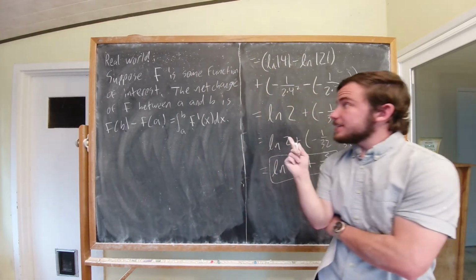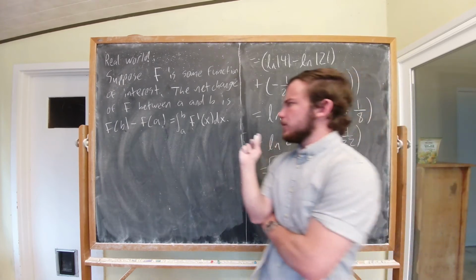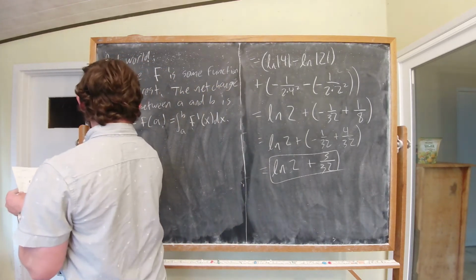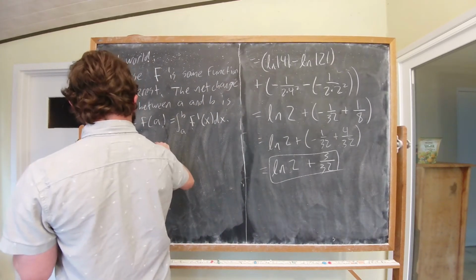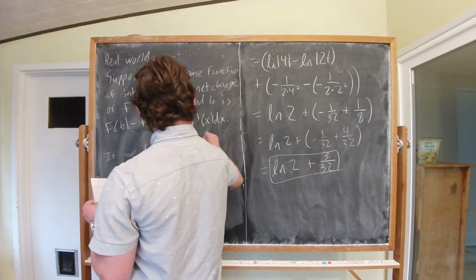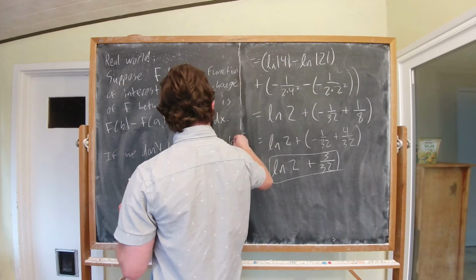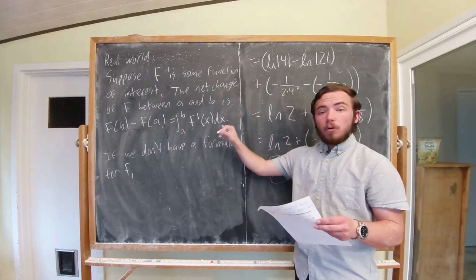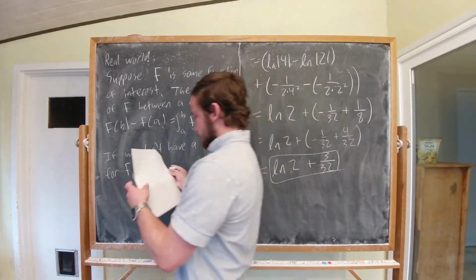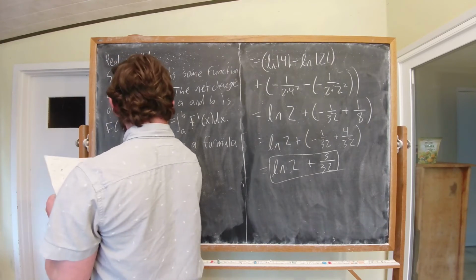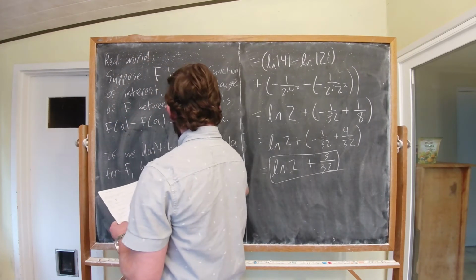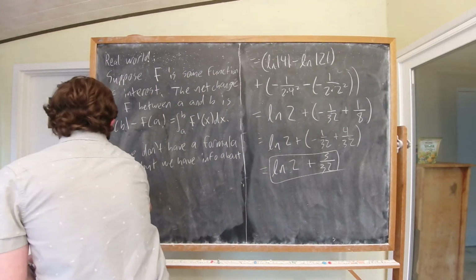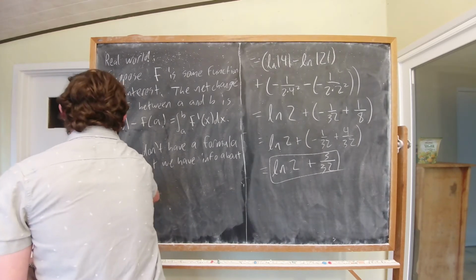So why do we care about this? Let's say we don't have information about capital F, right? Because this is nice and easy algebra. But if we don't have a formula for F, and I'd still very much like to know that thing, if we have info about capital F prime of x, right?